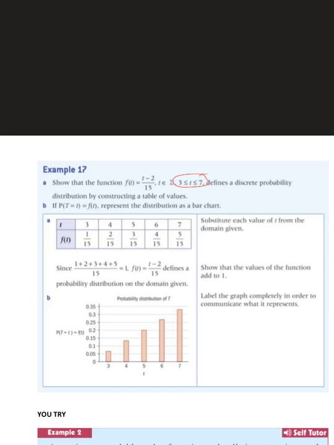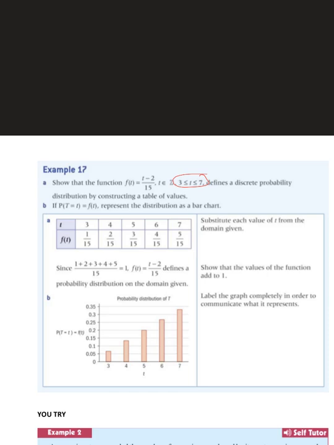Now, of course, you can display this information on a bar graph, which they do here, and notice that the x-axis represents t and the y-axis represents f of t. And you want to label the graph.